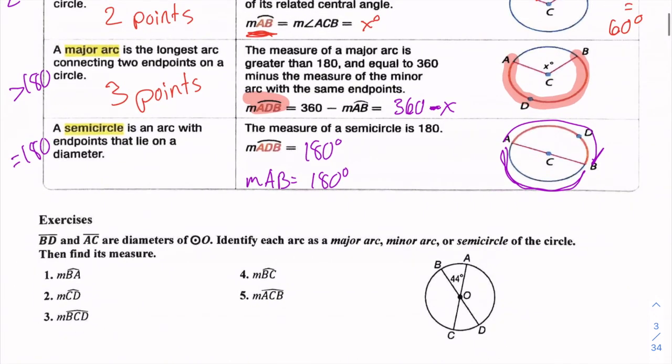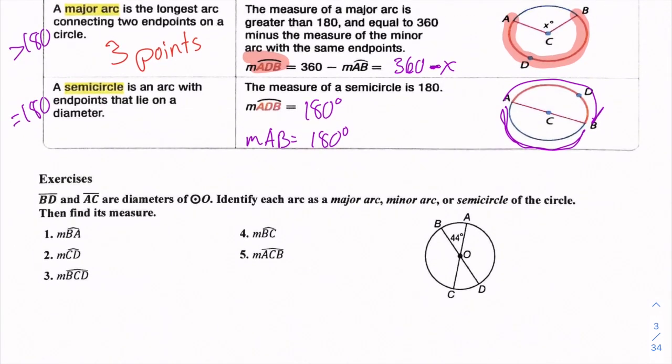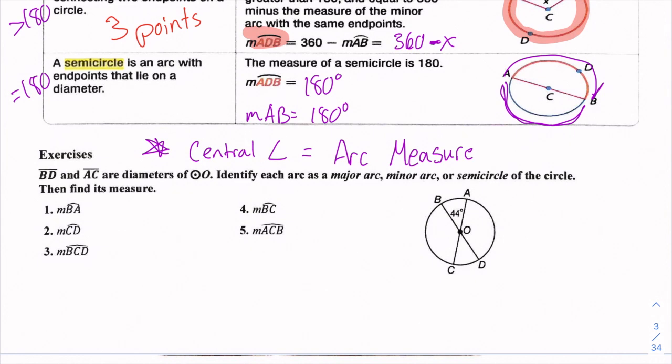All right, let's do some examples here. Again, something you want to highlight: the central angle is equal to the arc measure. Reading the directions: BD and AC are diameters of circle O. Identify the arc as a major arc, a minor arc, or a semicircle, then find its measure.